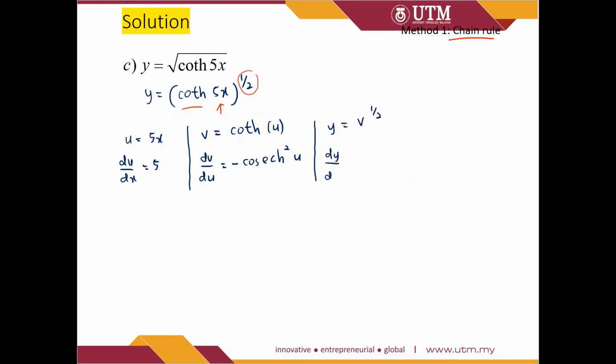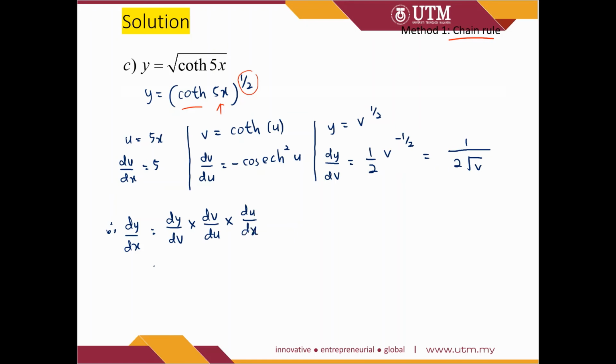So dy over dv is equal to half v to the power of negative half, or 1 over 2 square root of v. Therefore, dy over dx would be equal to dy over dv times dv over du times du over dx. 1 over 2 times dv over du, times du over dx, which is 5.